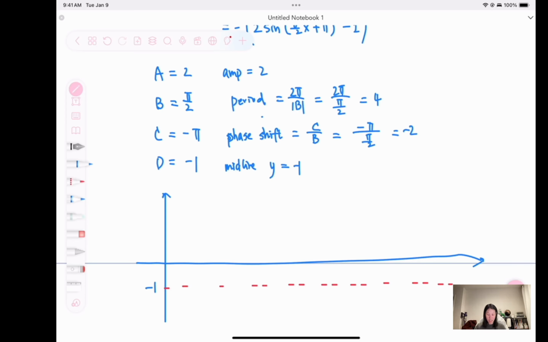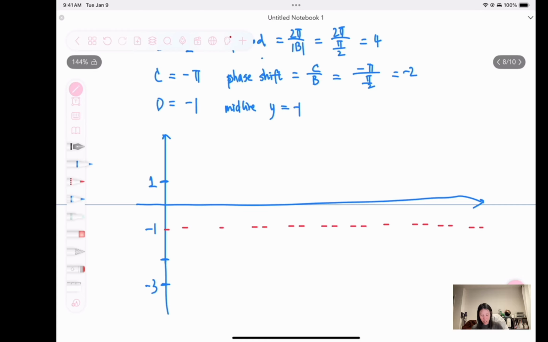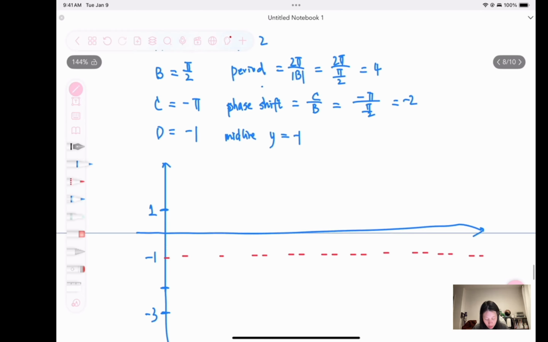So the highest point from the midline should be negative 1 plus 2, which is 1. That would be the highest point. The lowest one should be the midline minus 2, which is negative 3. And the period is going to be 4. So 1, 2, 3, 4. That means the function is going to repeat every 4, and then 3, 2, 1.